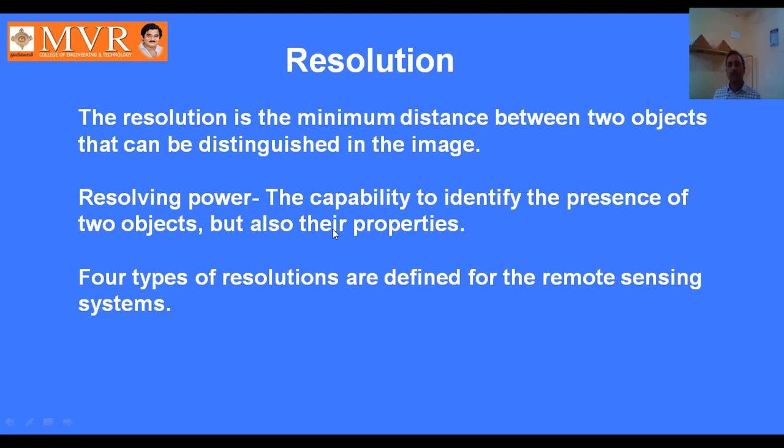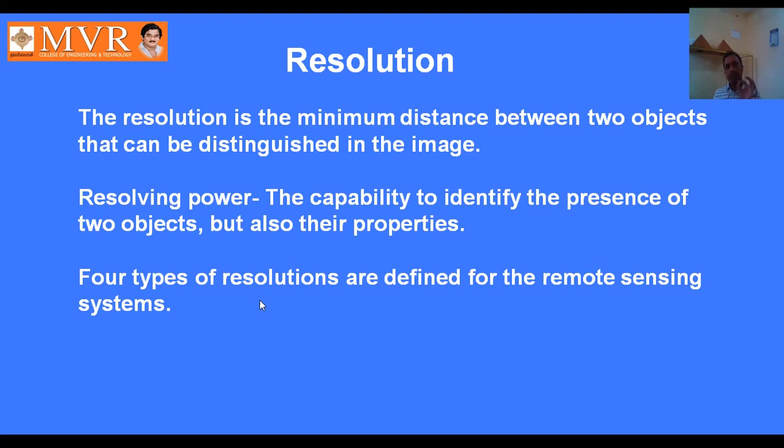So, what is resolution? Resolution is a resolving power. Resolving power means the capability to identify the brightness values of the object, and it also provides the properties of the object. Why am I using brightness value or intensity value? Because the sensor always records the brightness value, intensity value or gray values only.